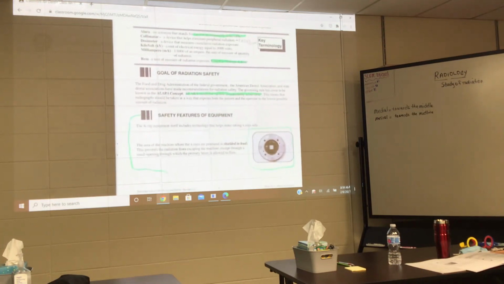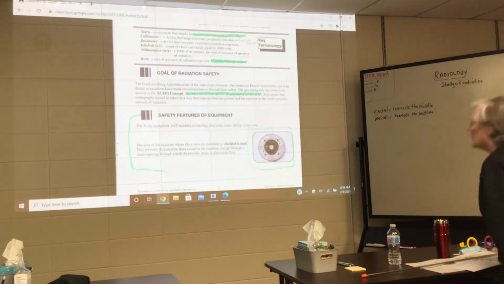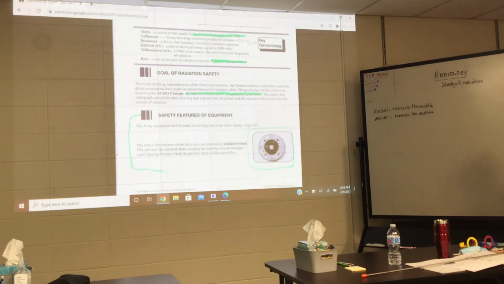Okay, radiation safety, ALARA is an acronym. Let's write ALARA on the board here.